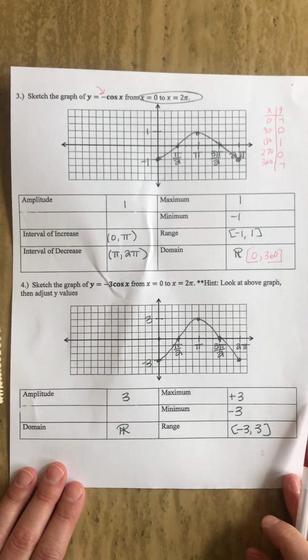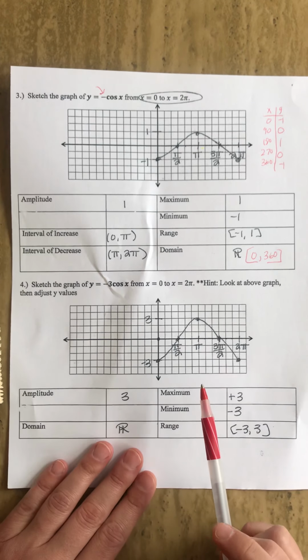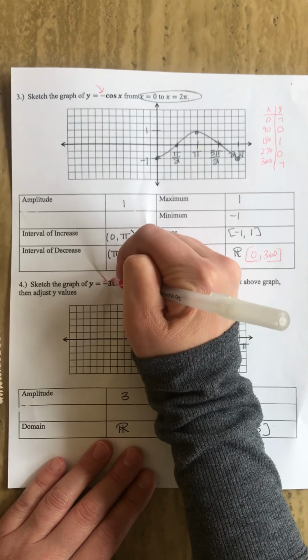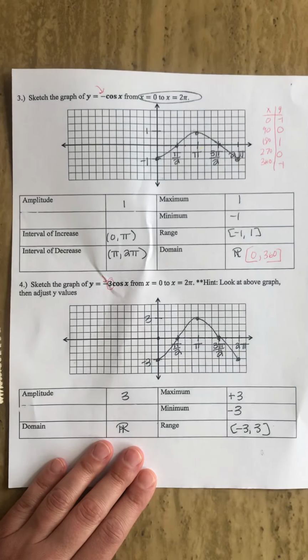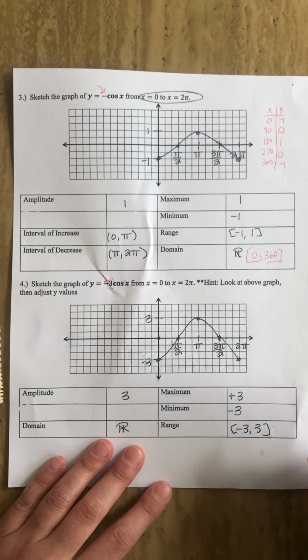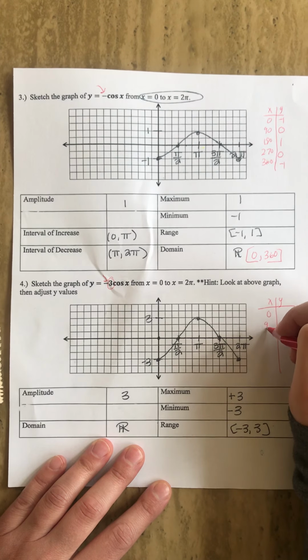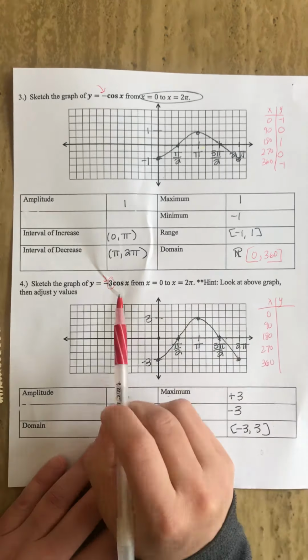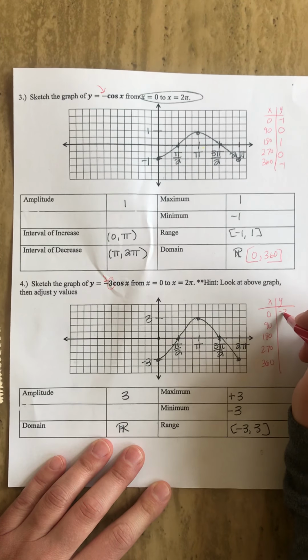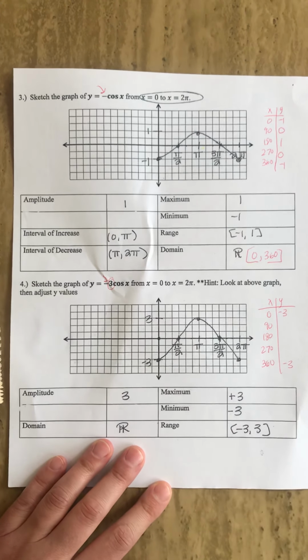Okay, and the last one that we're going to focus in on, two things are happening right here. We have a reflection and we have an amplitude of 3. So when you do this, you're going to focus on your 5 main points. You're going to start at -3 and end at -3.